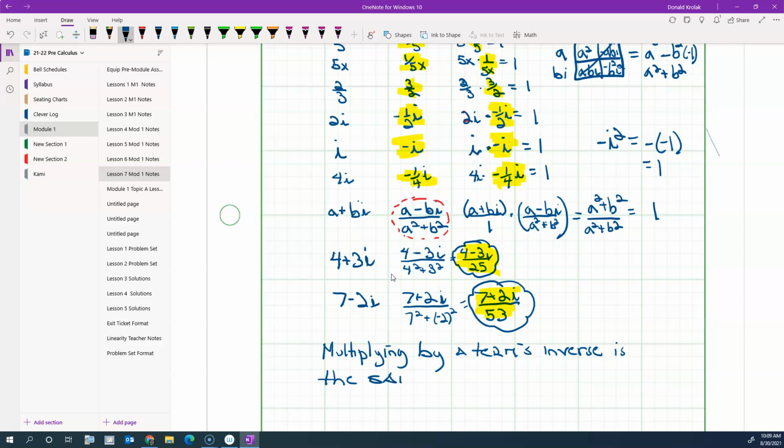So now we have a way of dividing complex numbers.